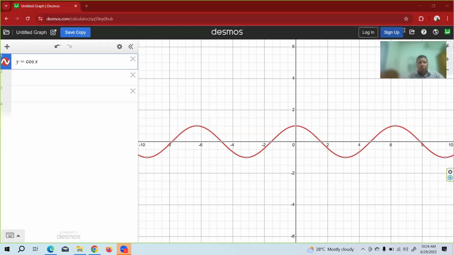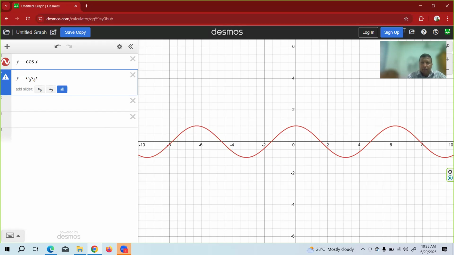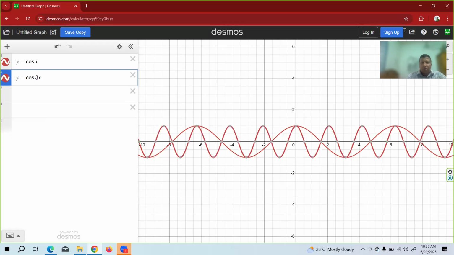Now, if I want to show you this sketching with the Desmos curve, y equals cos x is like this. At 0 degrees it is 1, at 90 degrees it is 0. Now the second option, y equals cos 3x.